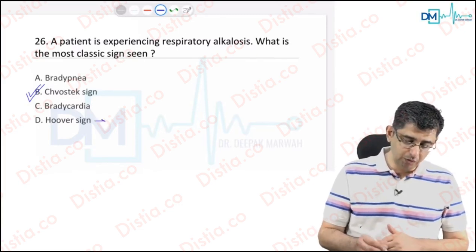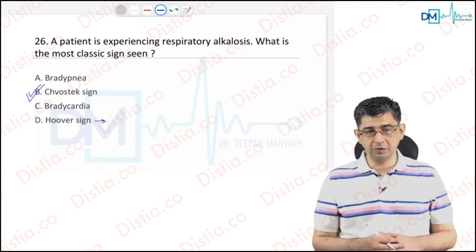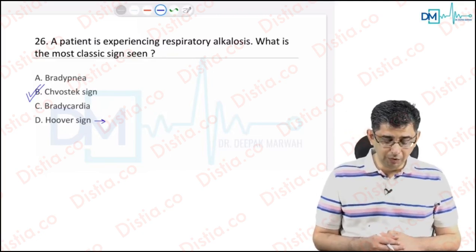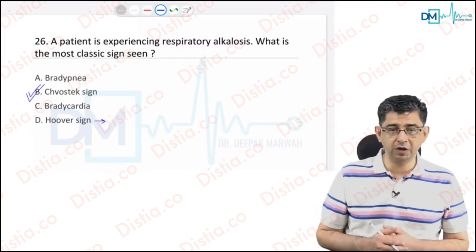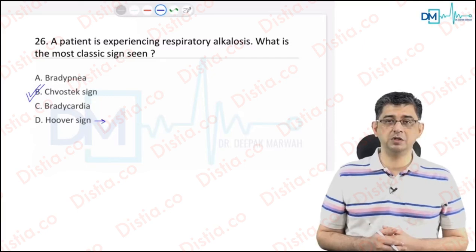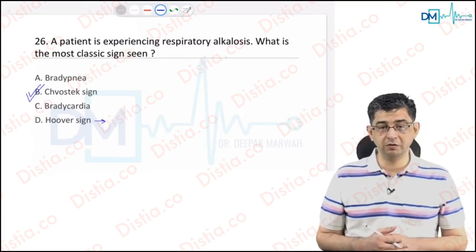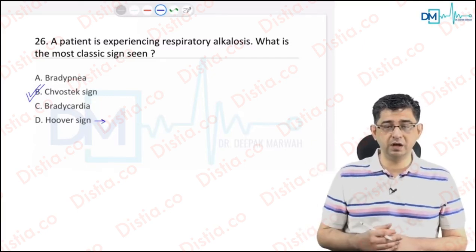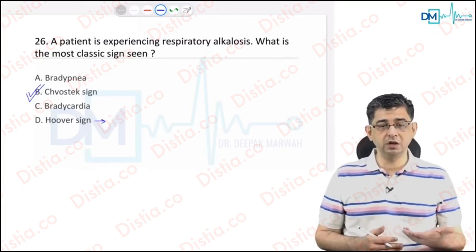Hoover sign is something that you are going to be encountering from a neurological perspective. Here the patient says that he is having leg weakness, and to distinguish this patient from a hysterical patient who is complaining of leg weakness, you will ask the patient to raise one leg while you support the other leg with your hand.